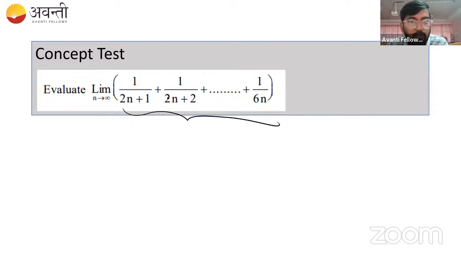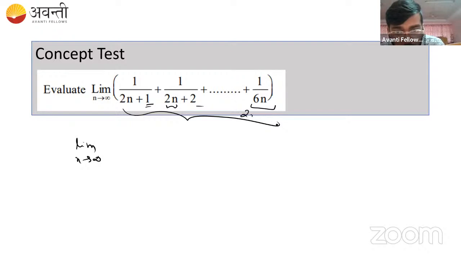So here, similarly, what we did in the previous question, we'll do exactly the same. Here, the limit is n tending to infinity. And what is this series? This 2n is constant everywhere, and 1, 2, 3, 4, these things have been added till 6n has been achieved.